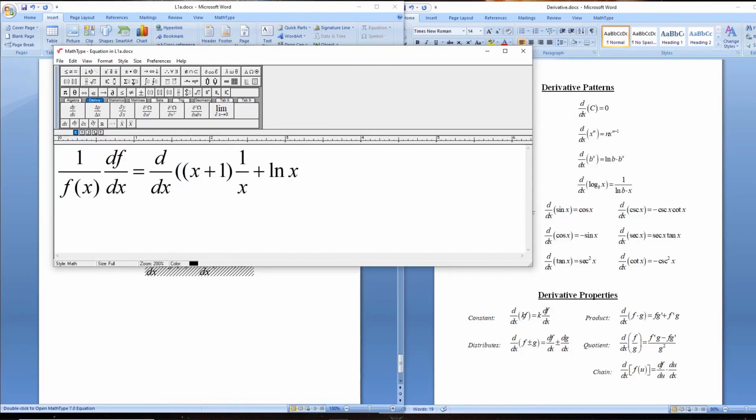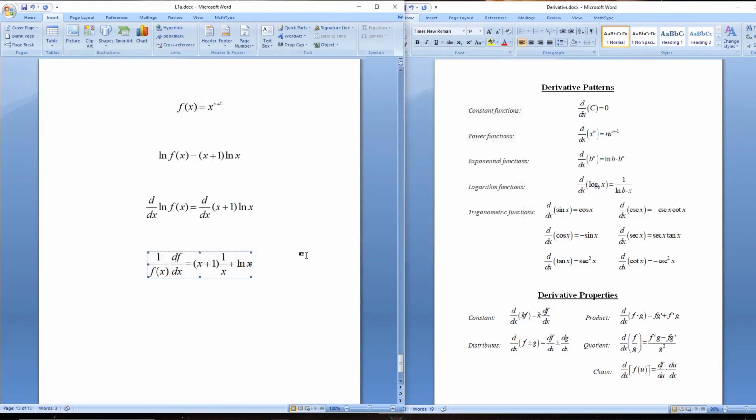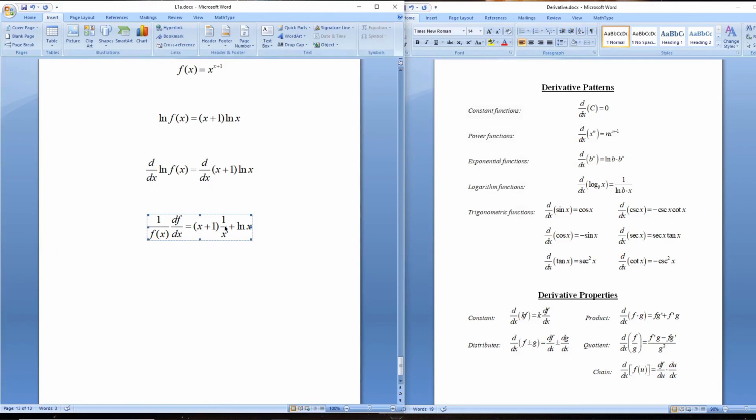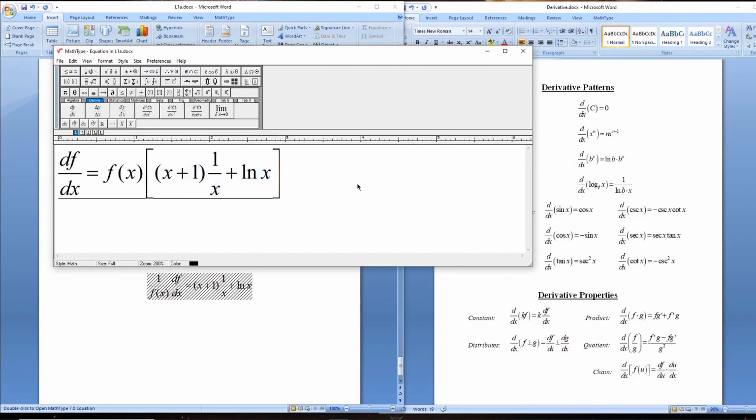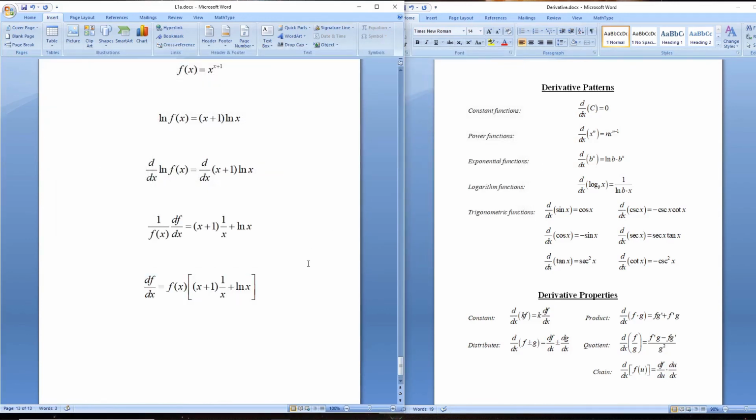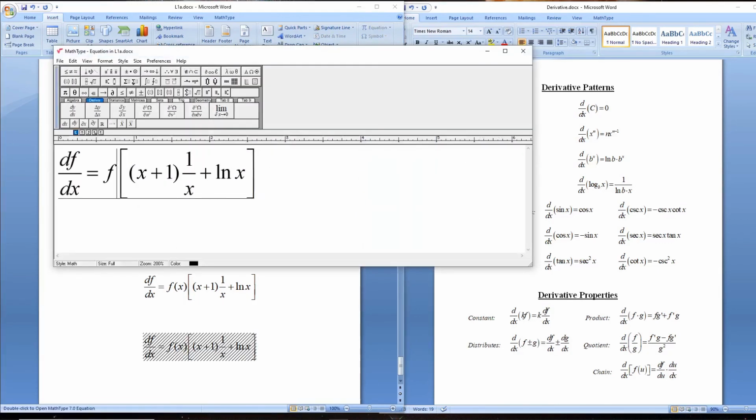And that's that derivative. And now we will multiply both sides by f of x. And then finally, we'll recognize f of x is actually x raised to the x plus 1. And that's our answer.